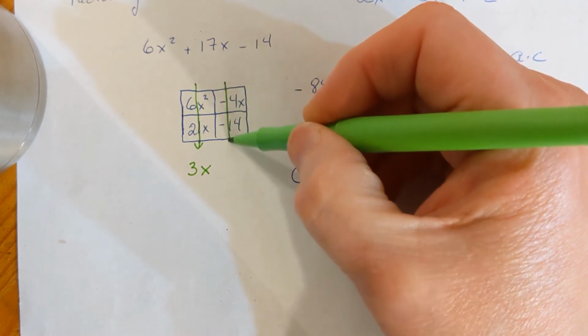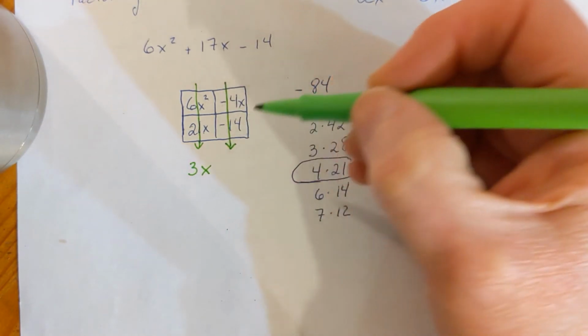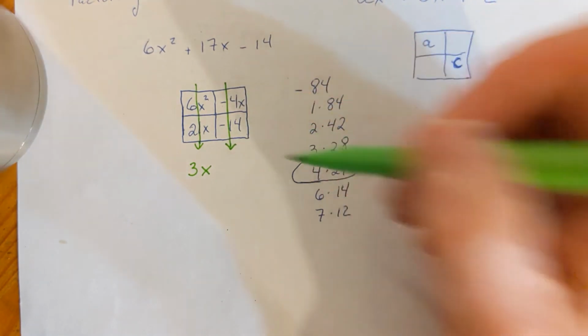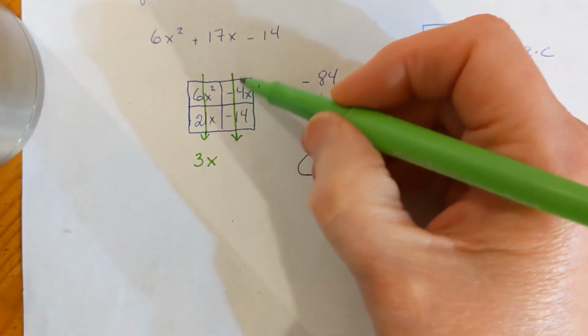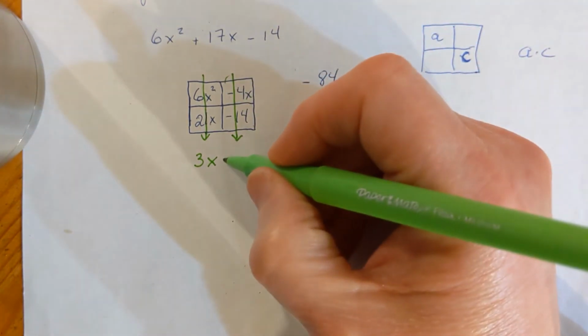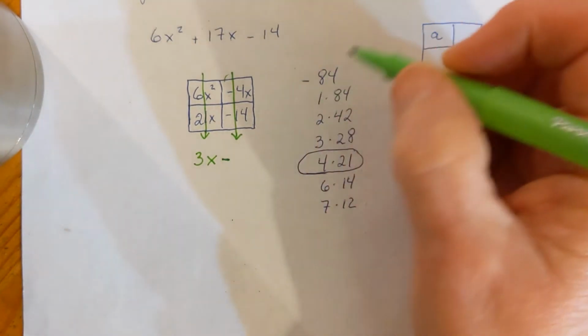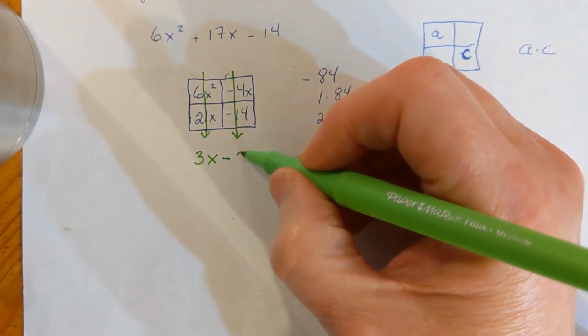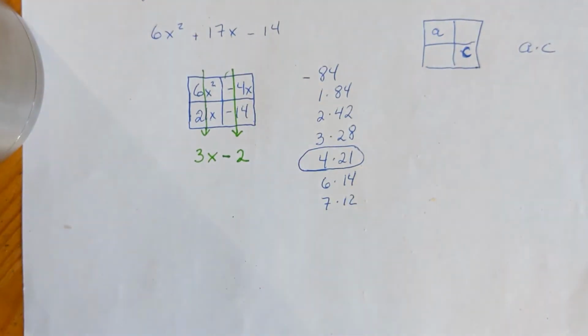And then I'm going to factor out the greatest common factor between negative 4x and negative 14. Because the top box has a negative in, it's going to be a minus here, negative. And I'm going to factor out a negative 2. And then I'm going to leave that there for just a minute.